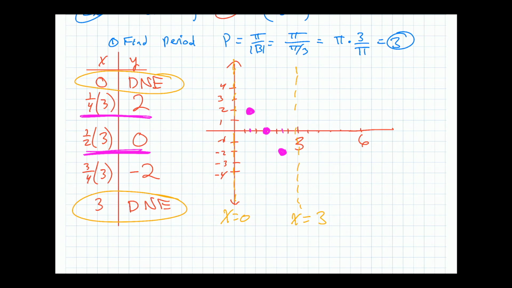So those are those points. And then you connect the dots and there's one plot, right? So that's at 3/4, comma 2. This one down here is at 9/4, comma -2, and this right here is at 3/2, comma 0.